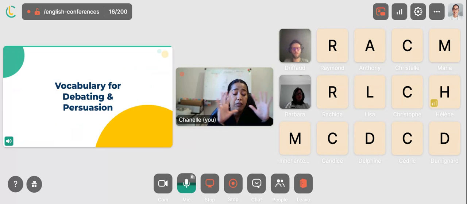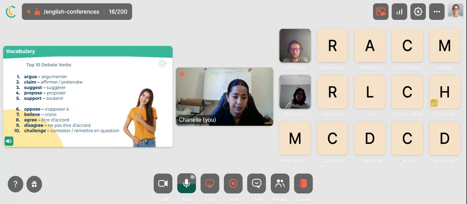So what is some of the vocabulary that we can use for debating and persuasion? We've got debate verbs, and here are the top 10.